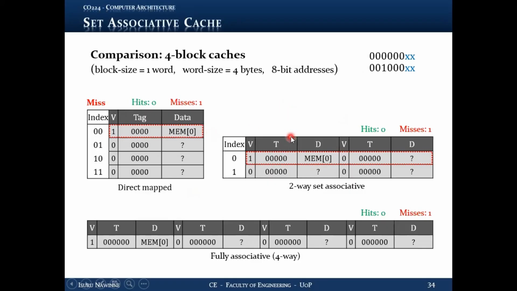So it's going to be a miss, and it's also a cold miss because it's the first time that address is referenced by the CPU, right? And in the fully associative cache as well, it's going to be a miss because there's only one valid entry and the tag doesn't match for that. All the other entries are invalid, and even though the tags are also different, the validity status is also 0, right?